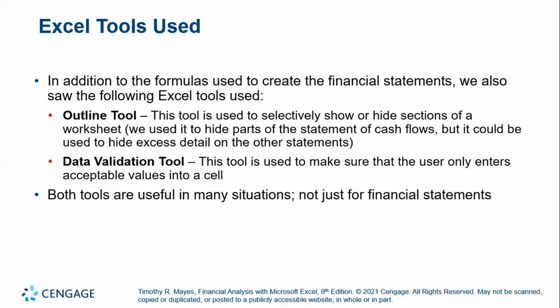We use it to hide part of the statement of cash flows, but it could be used to hide excess detail on other statements. Data validation tool: this tool is used to make sure that the user only enters acceptable values into a cell. Both tools are useful in many situations, not just for financial statements.